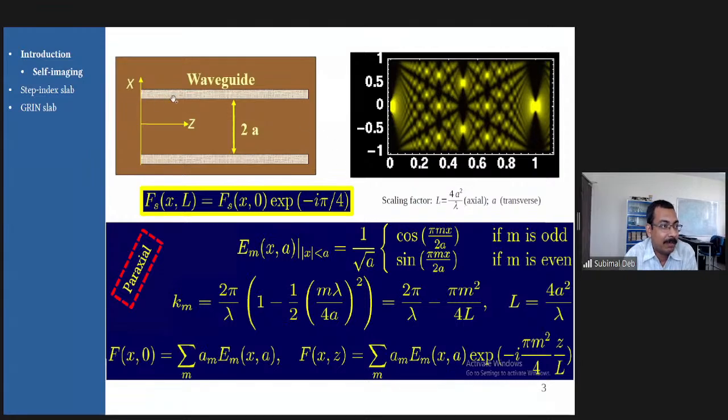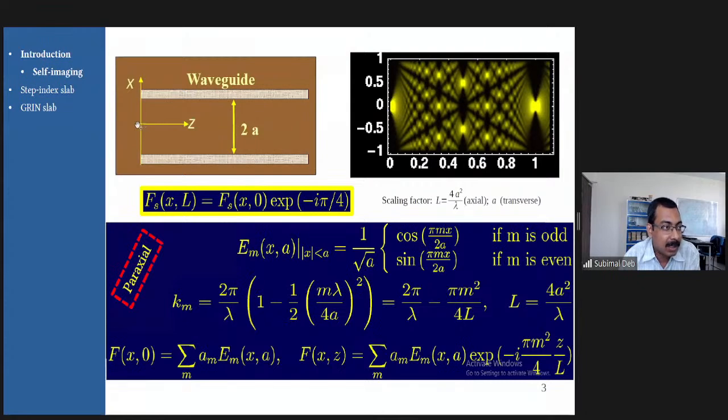So I have a waveguide. The spacing between the walls of the waveguide is 2a. The direction of propagation is Z. And the direction that is transverse to the waveguide axis, I denote by X. A field is injected into the waveguide at this point.